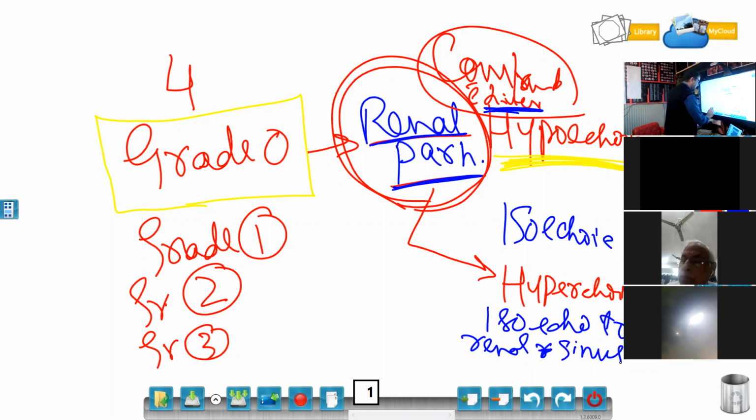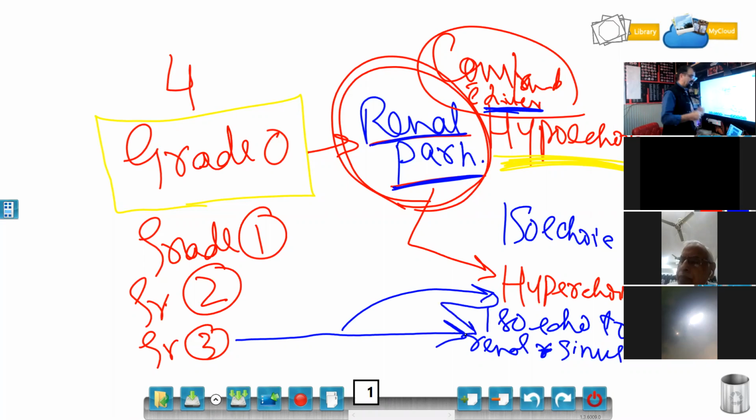It means that in grade third, it has increased so much that it is not only hyperechoic when I am comparing it with the liver, but the echogenicity is coming at par with the central sinus, which is the most echogenic part of the kidney.